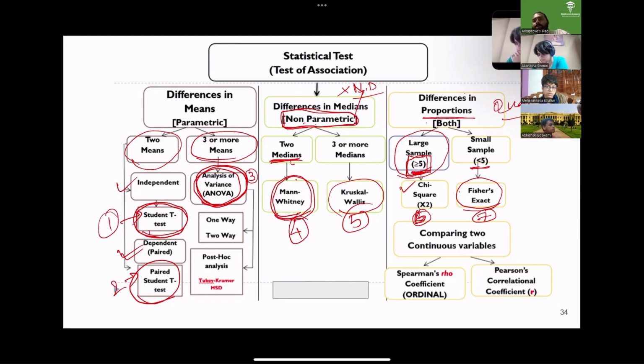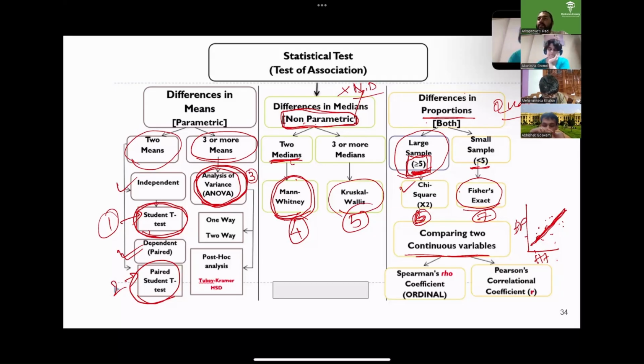Right? Lastly, comparing two continuous variables. We are comparing, let's say, blood pressure with height. What we do is a correlation test. Correlation test. How much the blood pressure increases with increase in height.